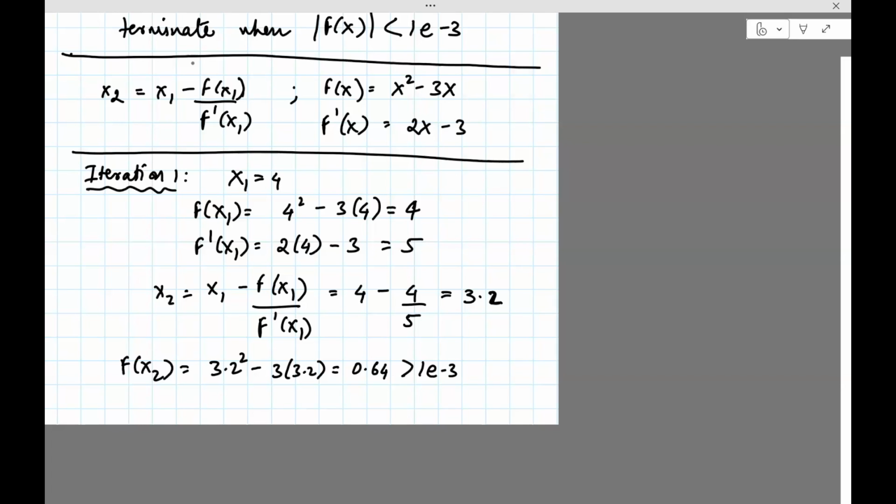Okay, let's keep going. So we have 3.2 as our next guess. So what we'll do is we'll put x1 equals x2 equals 3.2. So now we start with the same process with 3.2. That's the initial guess.